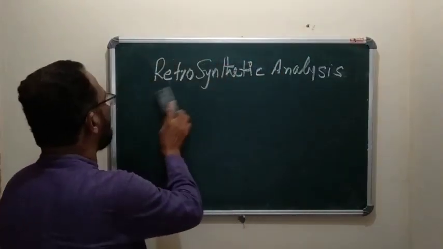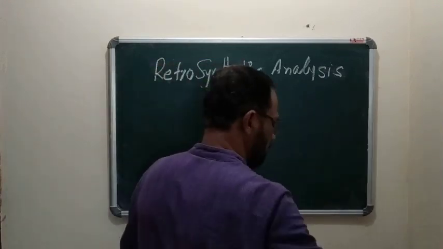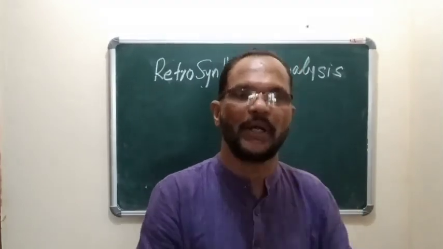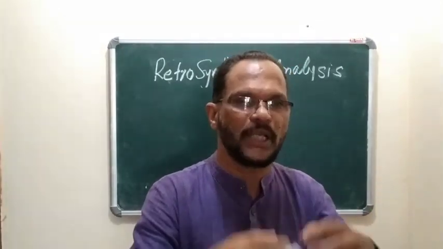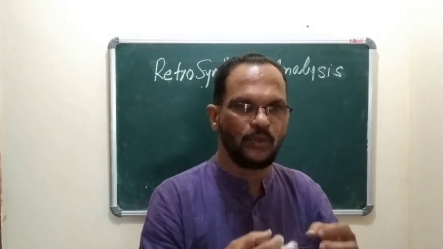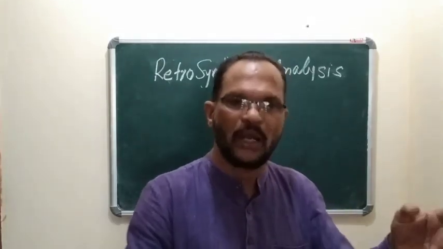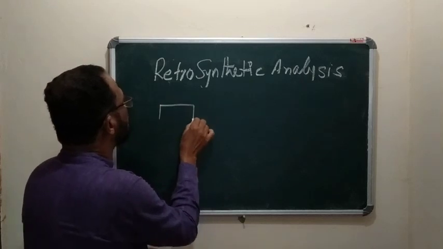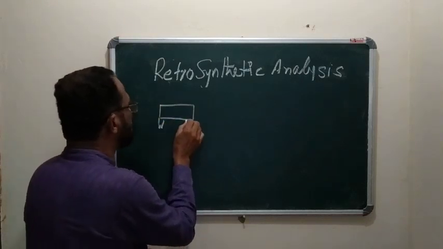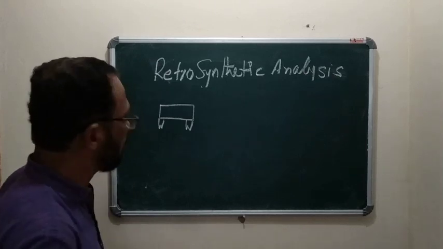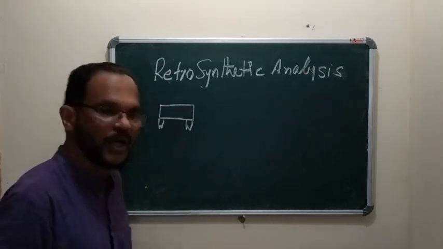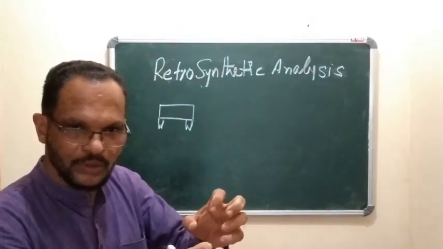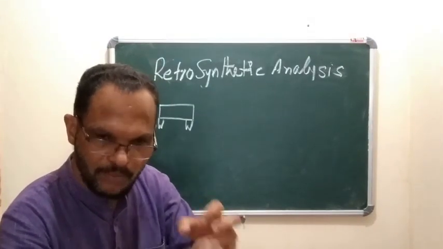Then, according to retrosynthesis, a substance can be prepared if you know the components. According to the present analogy, suppose one wants to make a bench. Immediately the image of the bench comes to his mind.